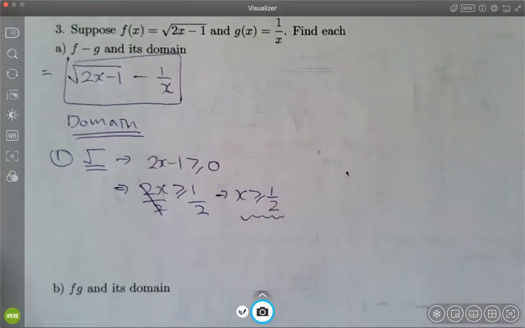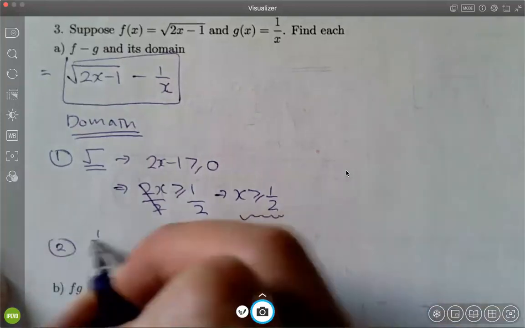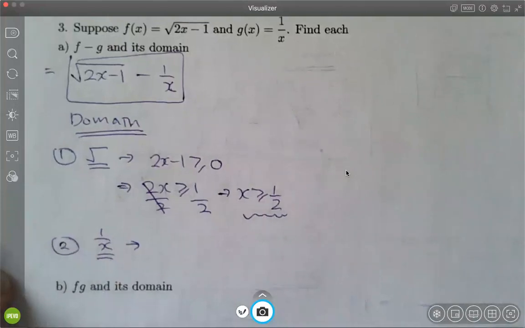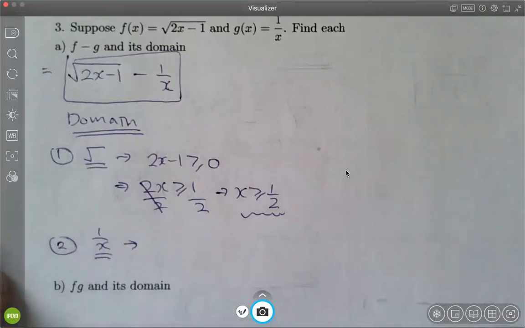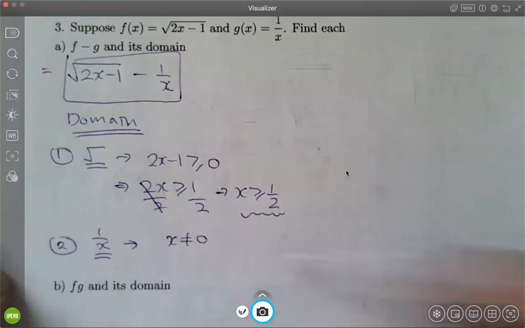And now let's look at that rational part, 1 over x. So here, it's really the simplest rational function, right? So I hope you can see the only bad value. What's the only bad value? 0, right? So what's the domain?